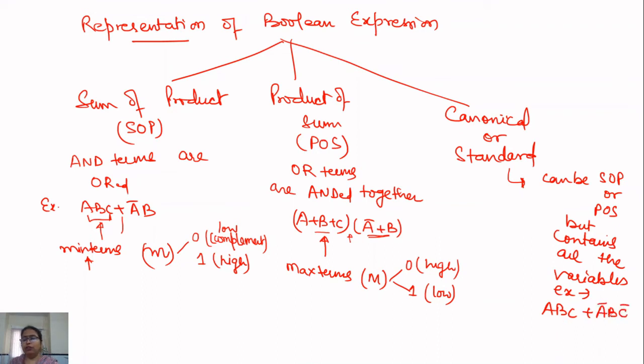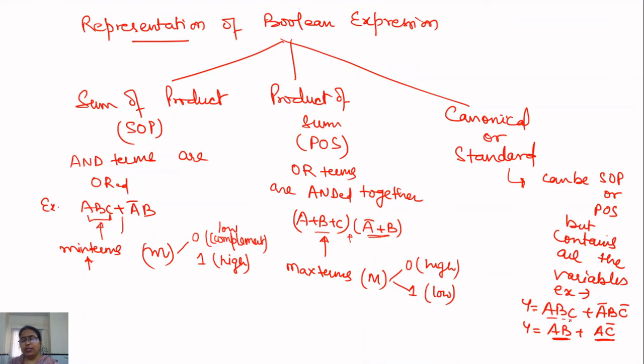This is a canonical form, means this is an expression Y is equal to A B C plus A bar B C bar. Now, how is it different from SOP? It can be SOP, but in the canonical form. Y is equal to AB plus AC bar, that is also a SOP, sum of product. But that is not a canonical form because all the three variables are not present in all the terms.